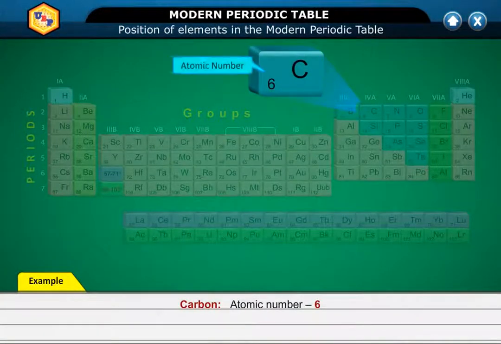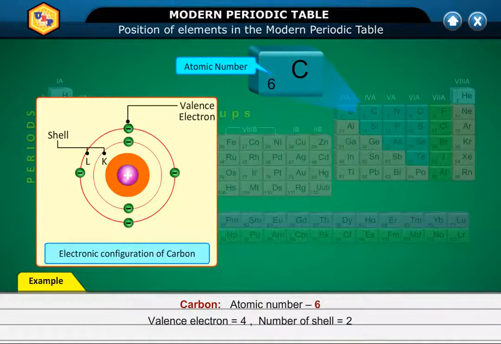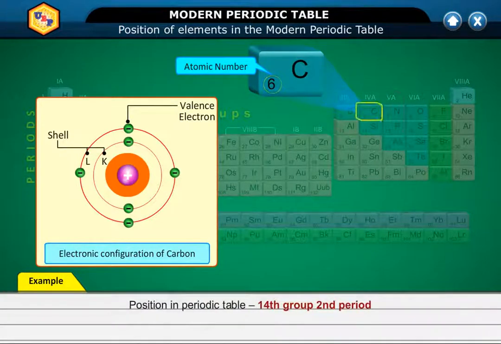Carbon, atomic number 6. Electronic configuration of carbon: K2, L4. Valence electron 4. Number of shells 2. Position in periodic table: 14th group, second period.